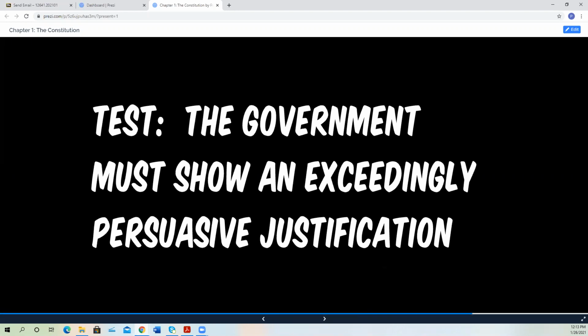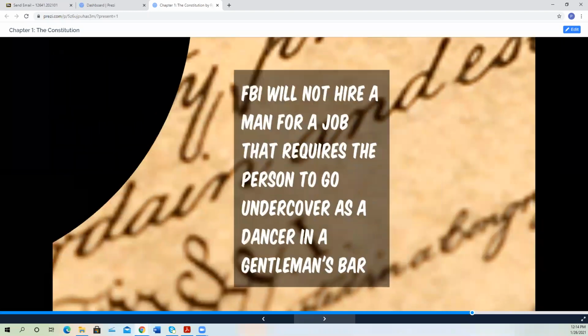So if the government passes a law or a rule or treats a group of people differently because of their gender, now the government has to show an exceedingly persuasive justification for doing that, which is much more difficult than a rational relationship.